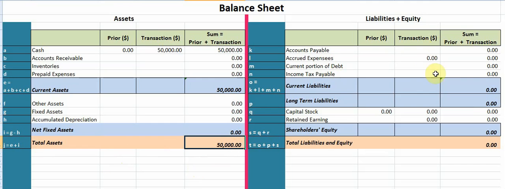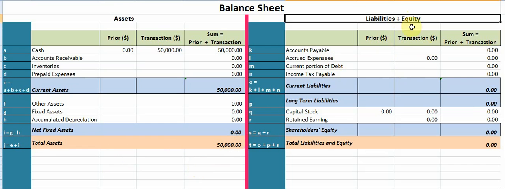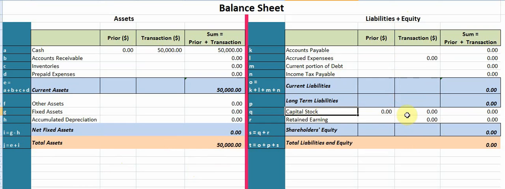Now let's go to the liability plus equity section. Do I need to make any entry over here? Yes. The answer is yes. Here you can see one item capital stock. How much I invested for the stock? I invested $50,000 for the stock.